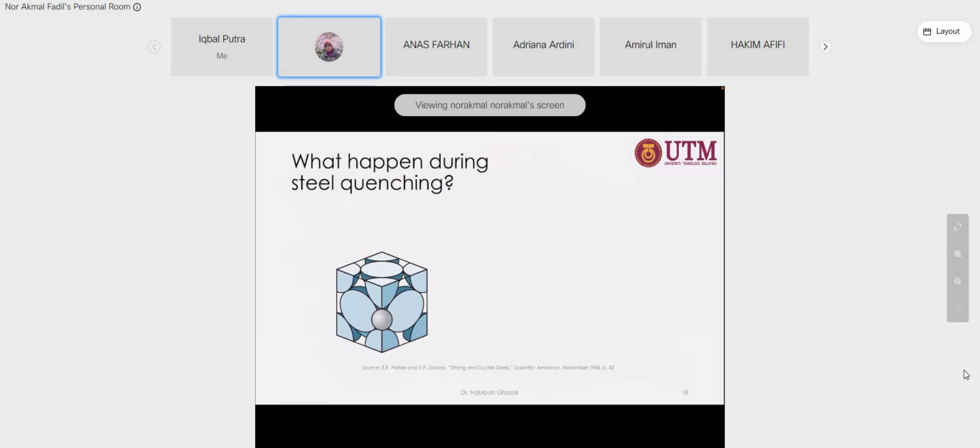What happens when the steel is quenched? It forms a new phase. We call it martensite.